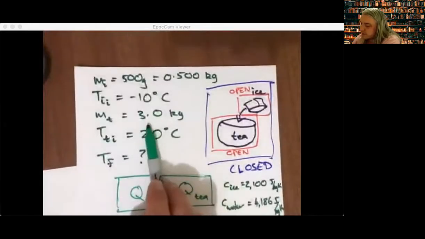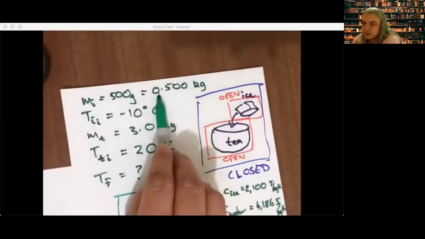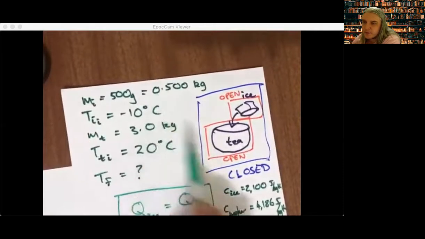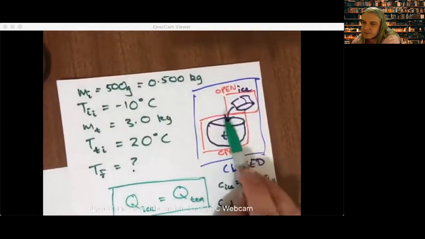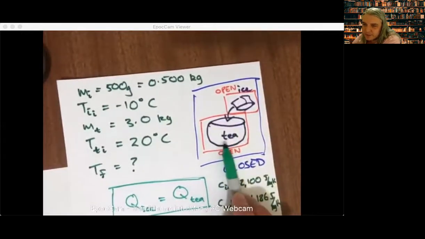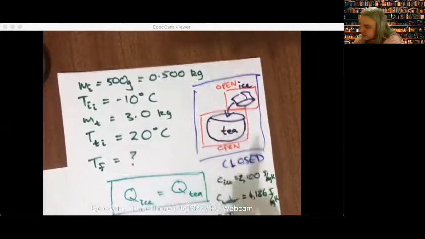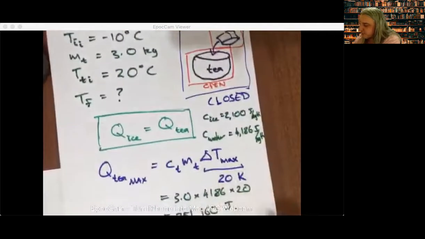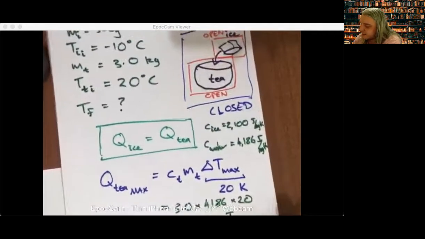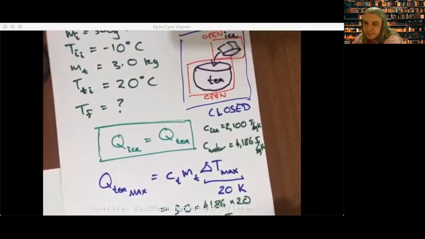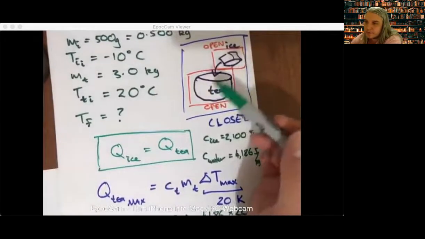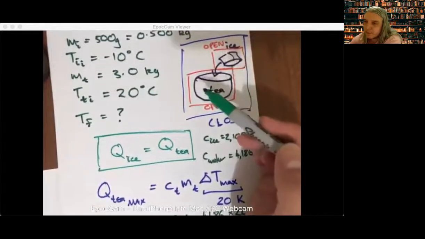And we've got 6 times as much water as we do ice. So there's no way that the ice can change by 10 degrees and have the tea change by more than 20 degrees. It's not sensible for that to happen. But it's not necessarily immediately obvious what's going to happen with the latent heat of fusion, whether that will be covered completely.